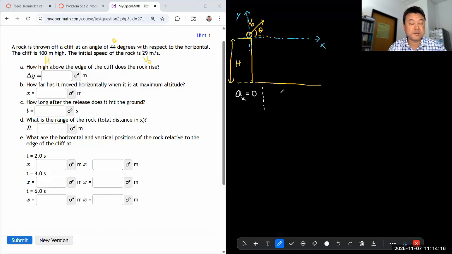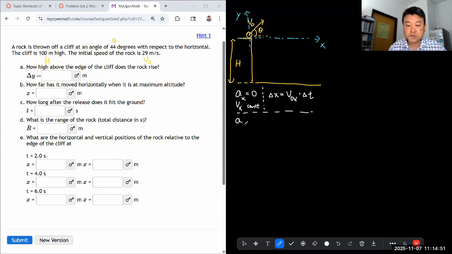The X component of velocity is constant at its initial value. So the displacement in the X direction is just the initial velocity in the X direction times the duration of time. That's it, pretty simple. It's in the vertical direction where you get more interesting motion.